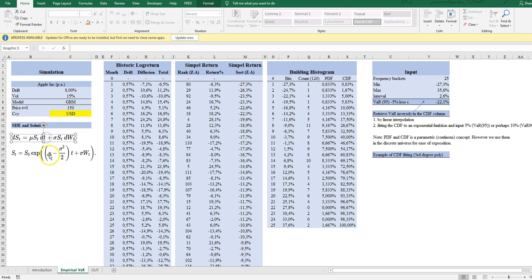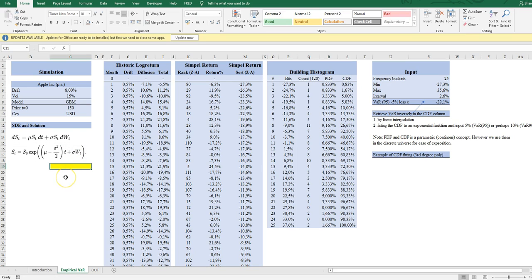I have just written here the formulas that are behind the GBM. So here the stochastic differential equation, and here the solution to the stochastic differential equation. And we see the drift and the diffusion in here.